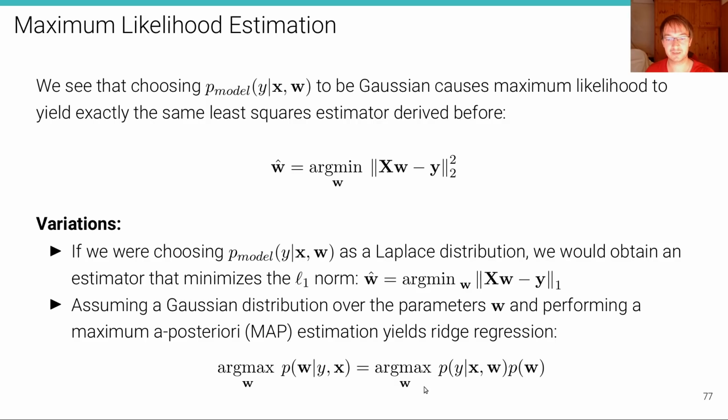So this is simply applying Bayes' rule. We have the prior over w, this is a Gaussian, and then we have the Gaussian distribution over these observations here. We obtain a posterior expression, the probability of w given y and x. And if you execute this mathematically, you see very quickly that you obtain a ridge regression in this case. So there is this connection between maximum likelihood estimation and these linear least squares problems that we've seen before.